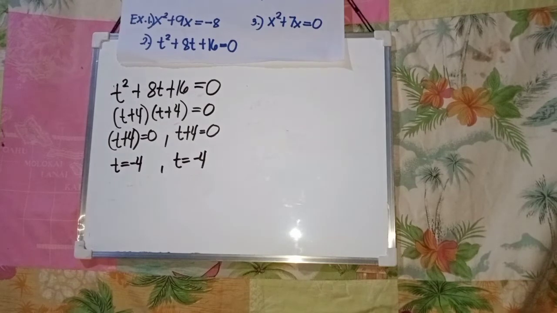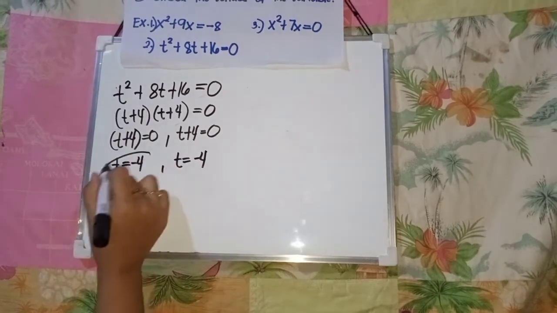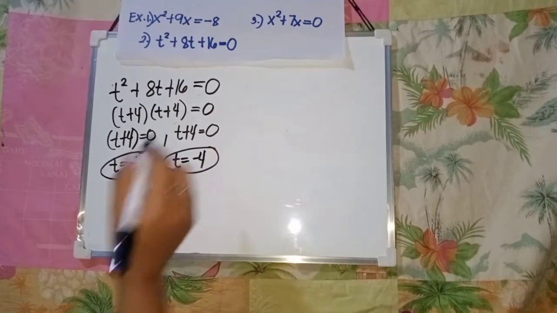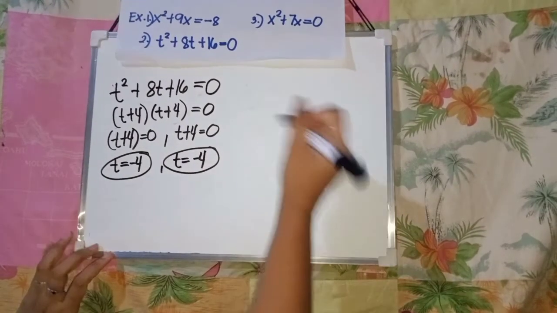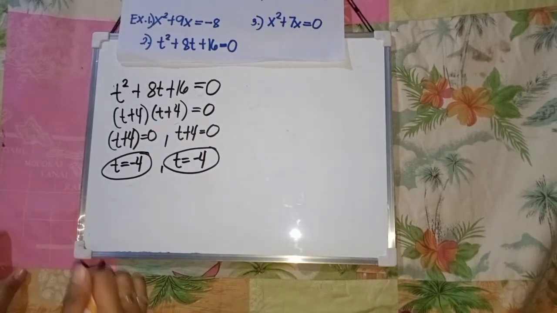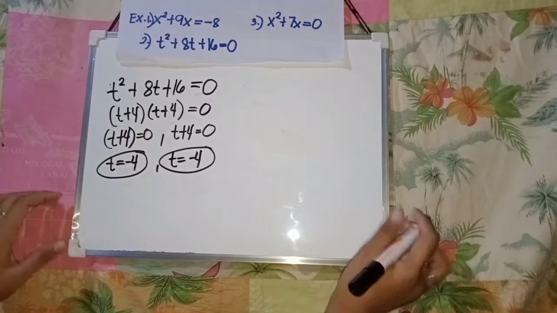Since it is given as a perfect square trinomial, as you can observe, we have the same value of t. Let's change the variable with its value.